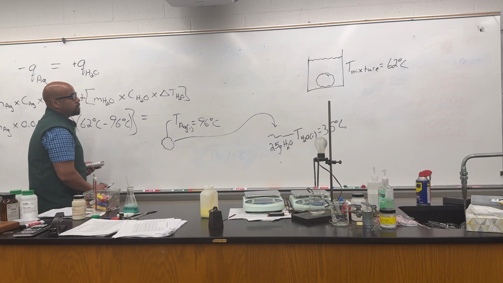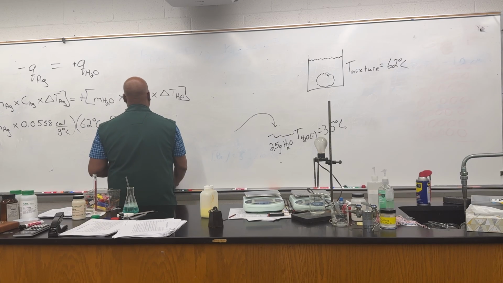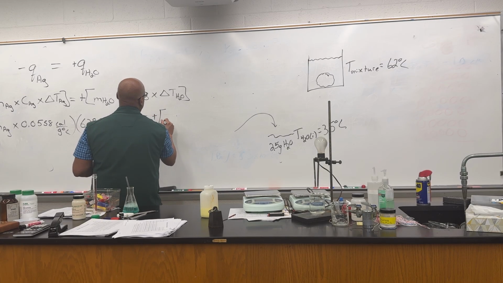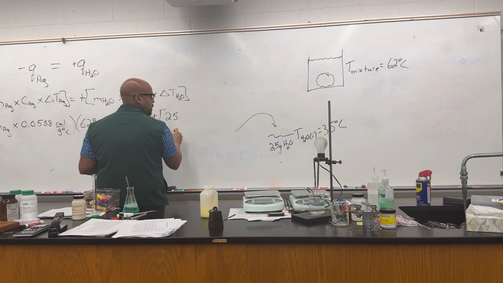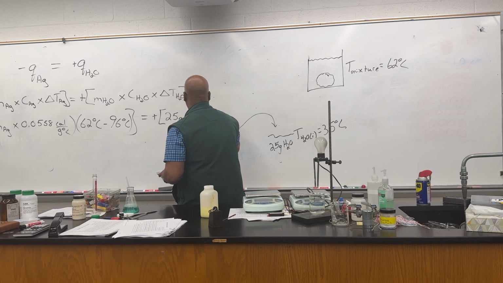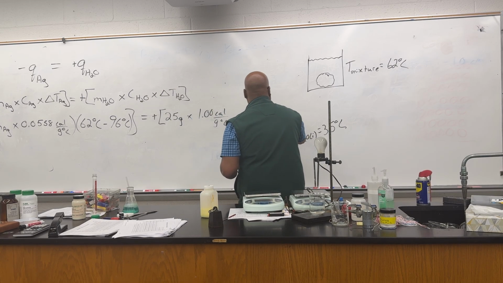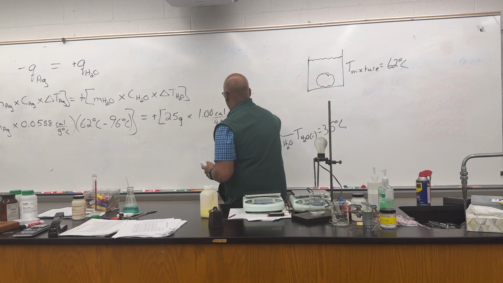And now we're going to the mass of the water. And they told me in this problem that the mass of the water happened to be 25 grams. Times the heat capacity of the water, well, we already said it's going to be 1 cal per gram. Matter of fact, I'll write 1.00 cal per gram degrees Celsius. The next thing is our final temperature, which we said is still 62 degrees Celsius.